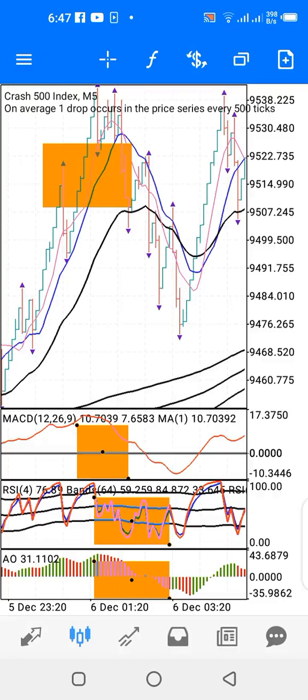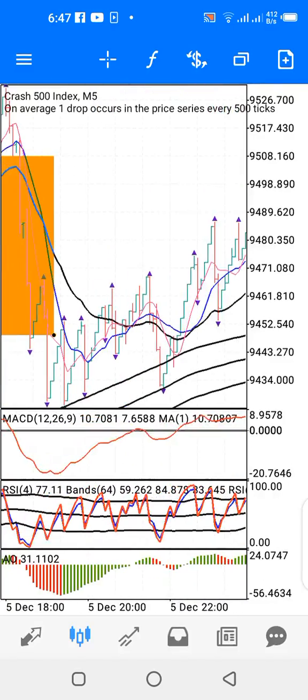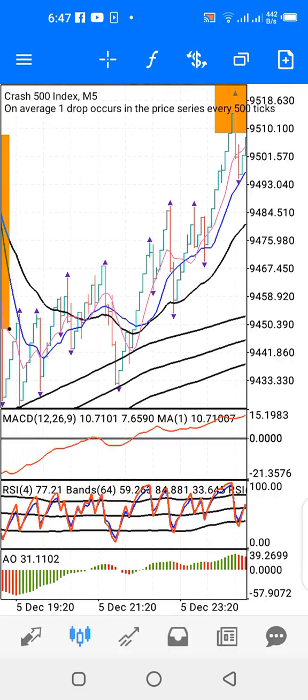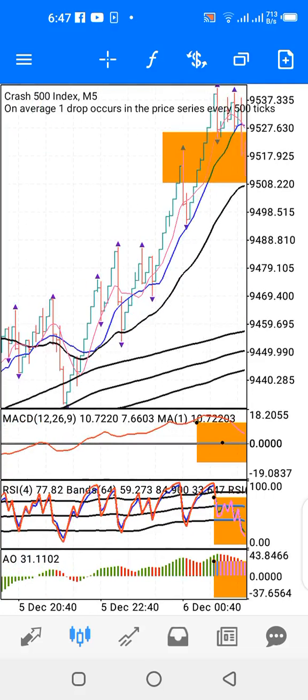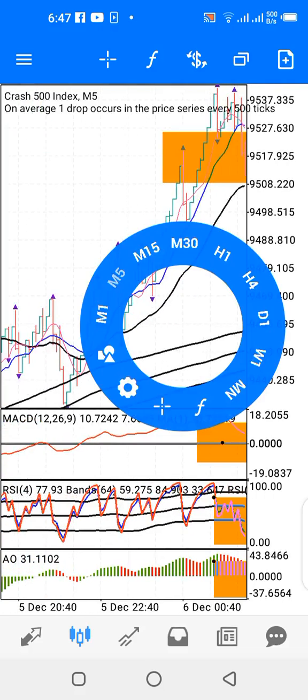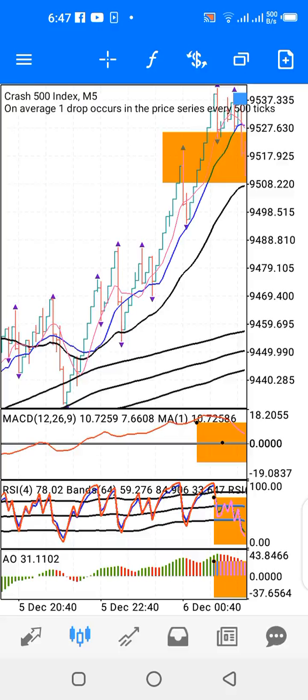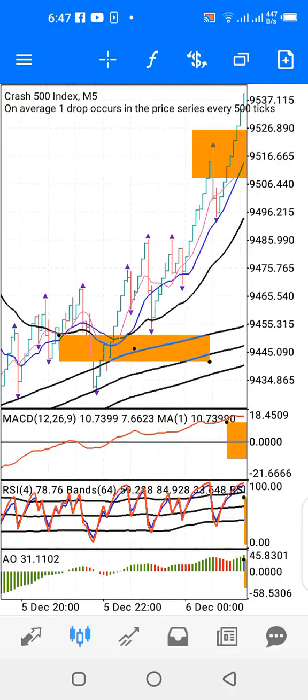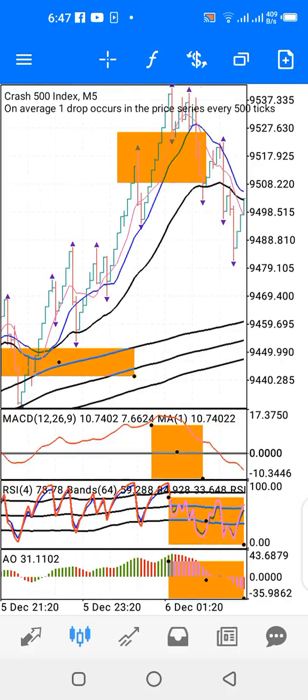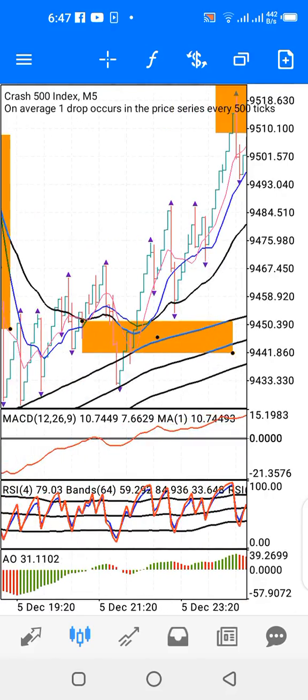Now let's look at how the main window works. When the moving averages are all above the Bollinger Bands, look to buy. Like you have all the moving averages above the Bollinger Bands here. You expect Crash 500 to spike downwards, but it will go long when they are above.